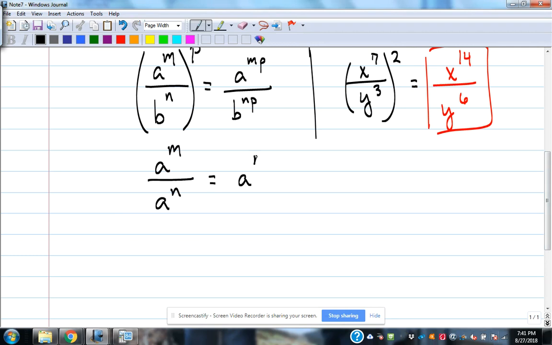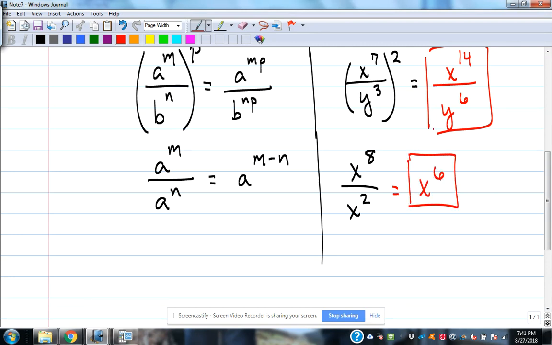So we were doing a to the m minus n. It's always top minus bottom, no matter what. So if you had x to the 8th over x squared, 8 minus 2, positive 6. Okay, always top minus bottom. Bases have to be the same for that to happen.